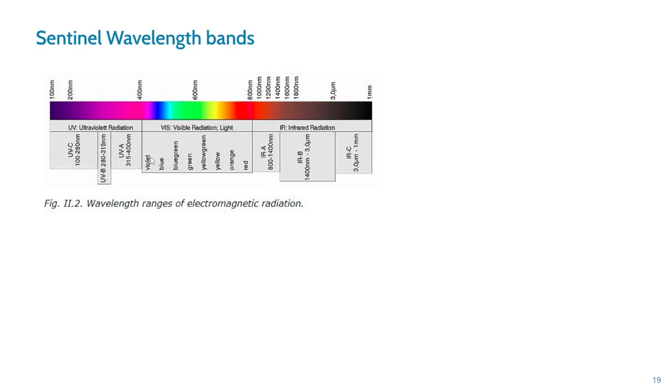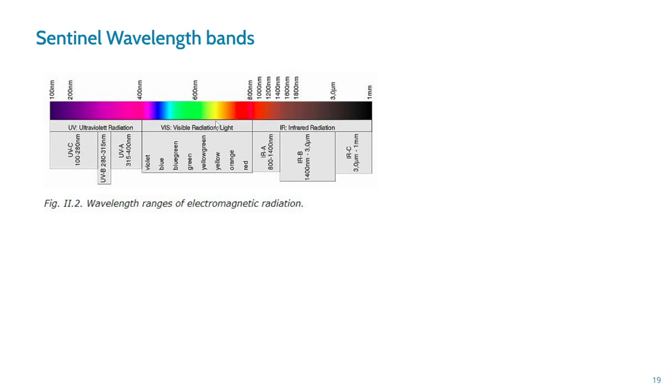This is the visible light, above this is ultraviolet, and just below is infrared. A satellite captures the data in different wavelength bands.